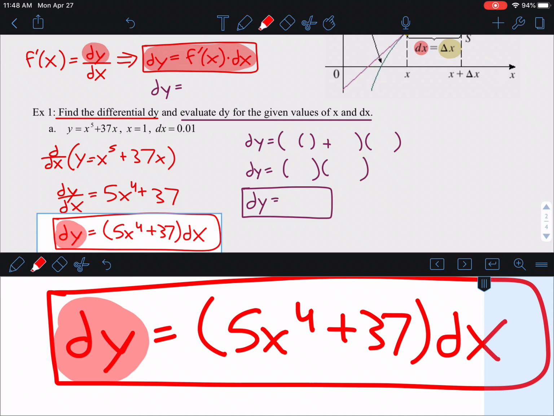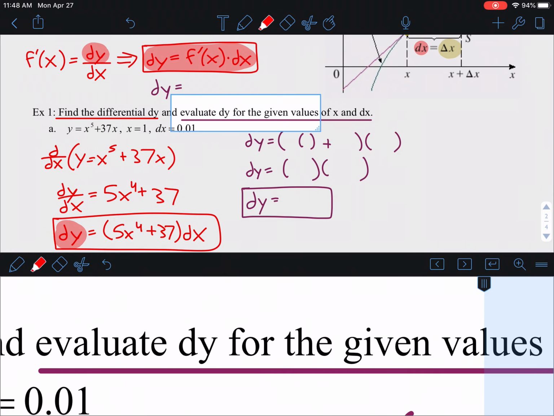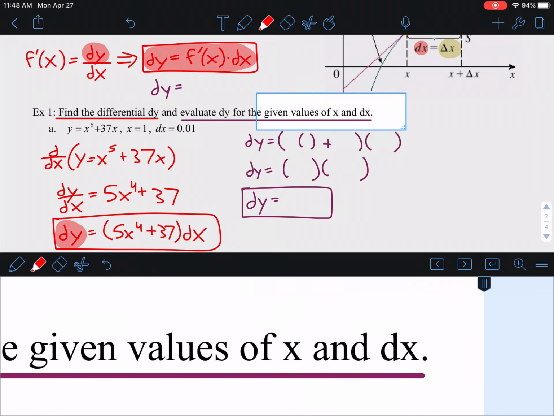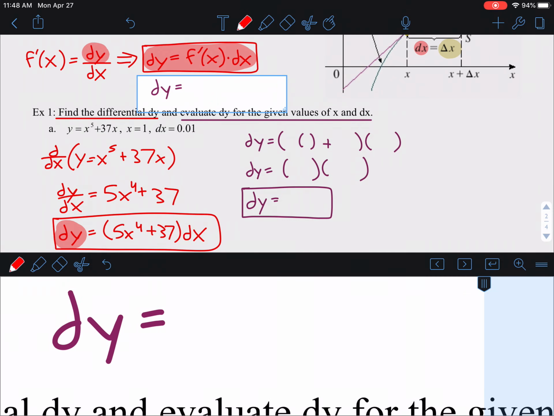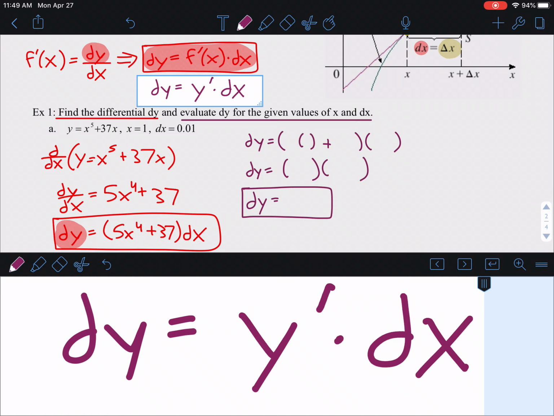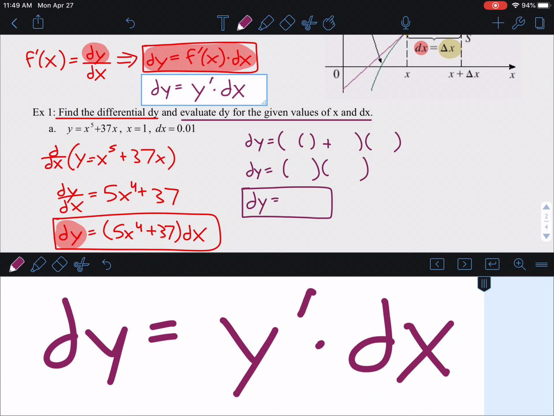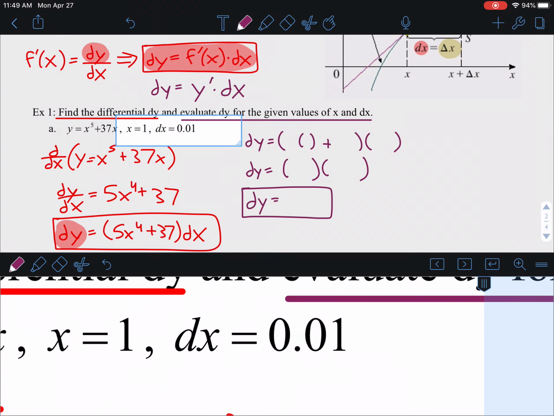And now I'm going to evaluate dy for the given values of x and dx. Okay, so another way of thinking about this, right, is that dy is like y prime times dx. Now I'm doing this in another color, but again, these mean the same thing, right? This time around, I'm just going to do this at a specific x value.